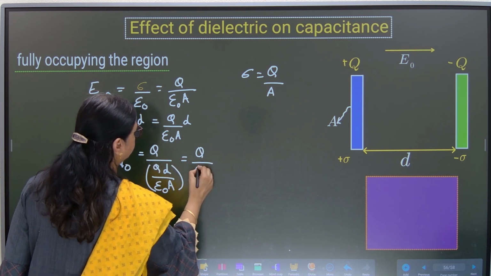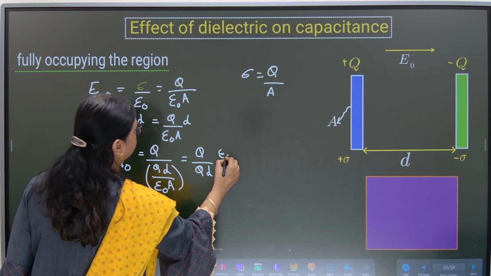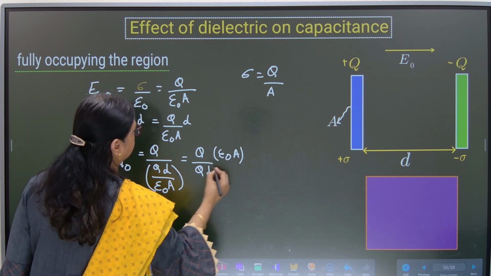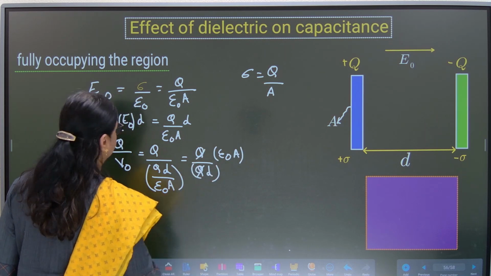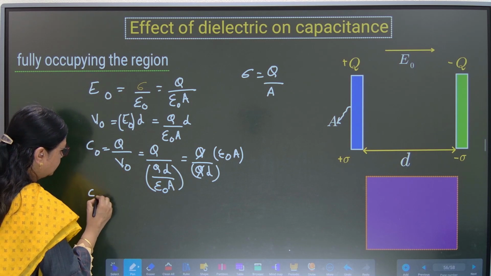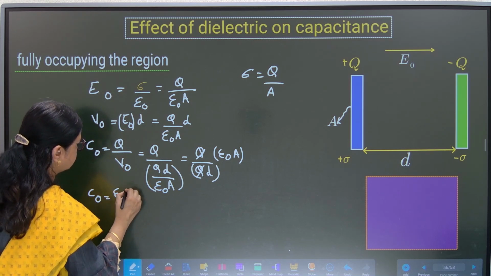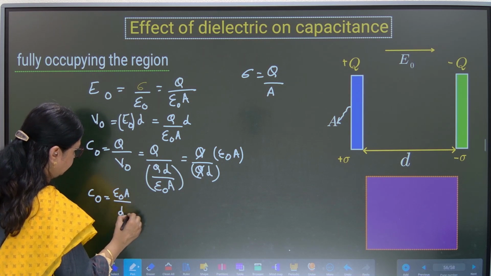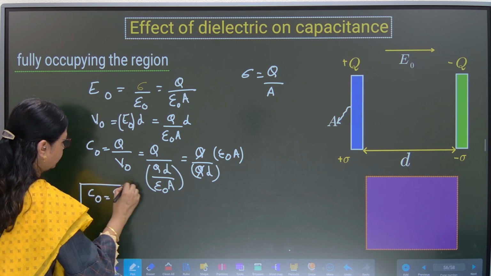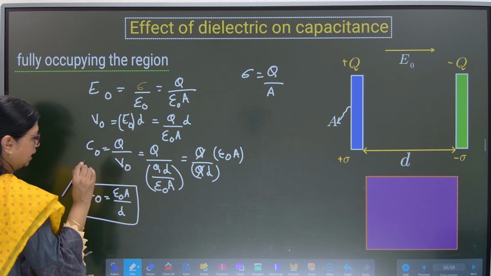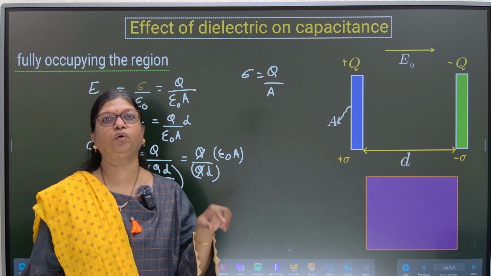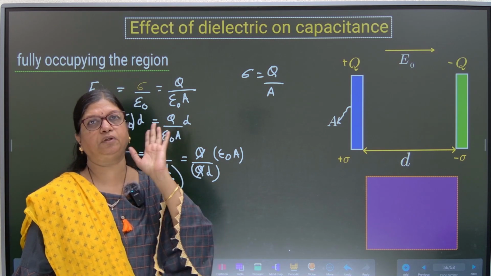So Q upon Q d over epsilon naught A. Q I cancel. Finally I have C naught is equal to epsilon naught A upon d. This we have already derived in video number 13 of this chapter.